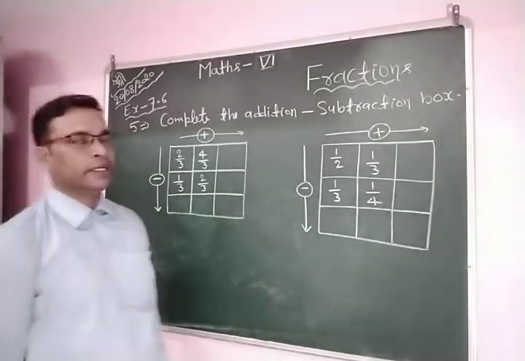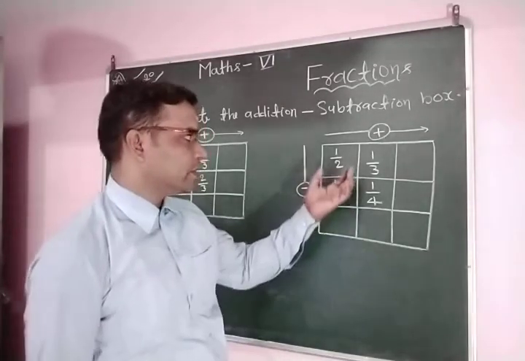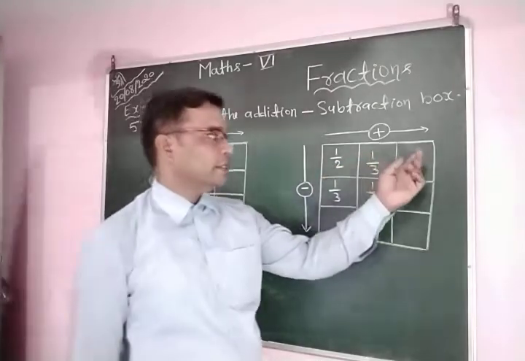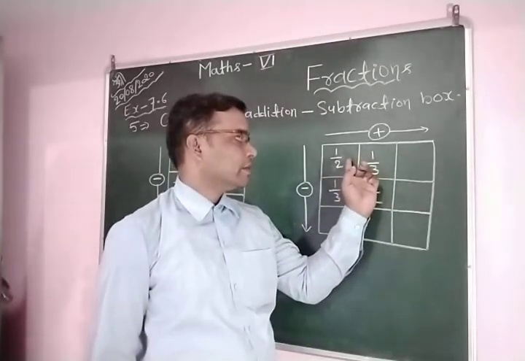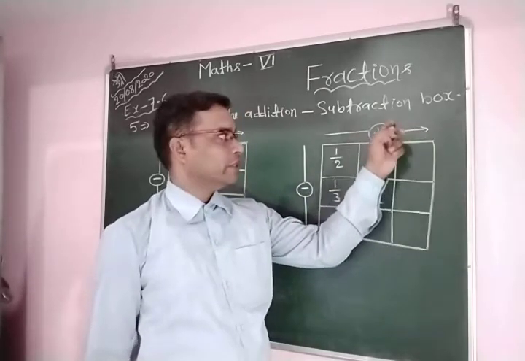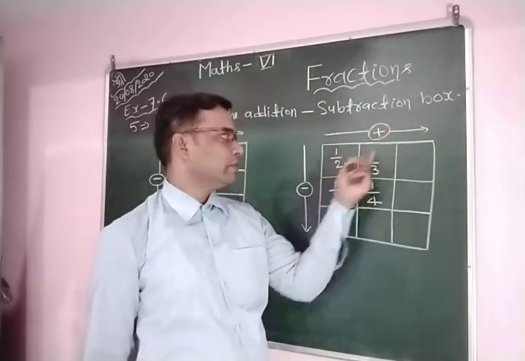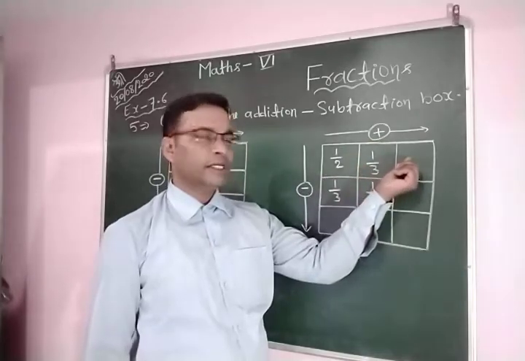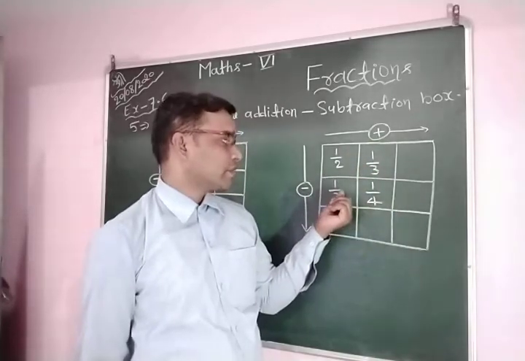In a similar manner, in this box we add 1 by 2 plus 1 by 3, because in this direction plus is given. Okay, so we add 1 by 2 plus 1 by 3 and write here.